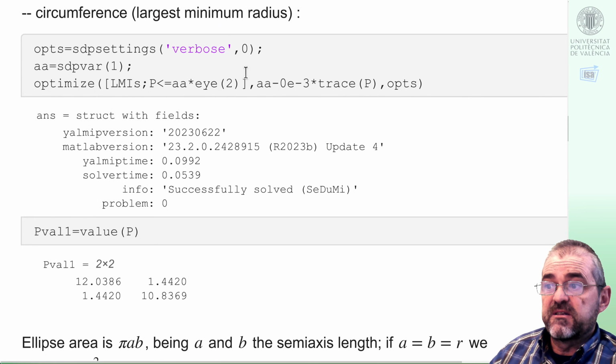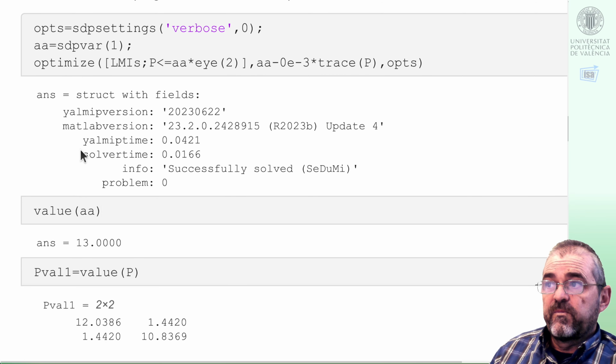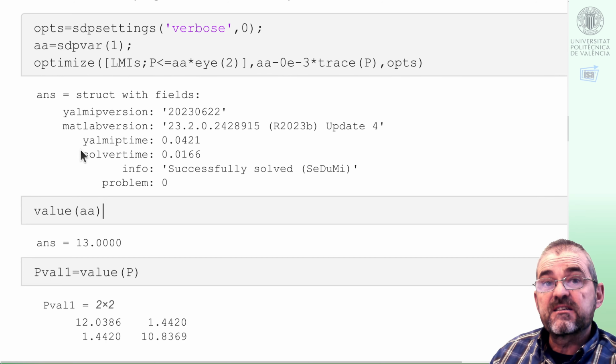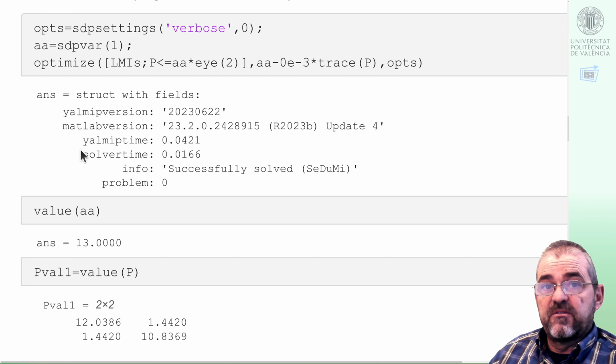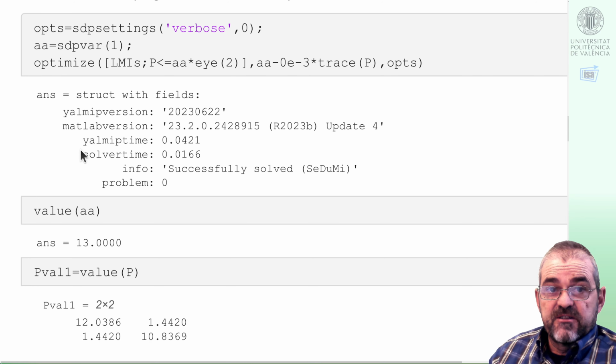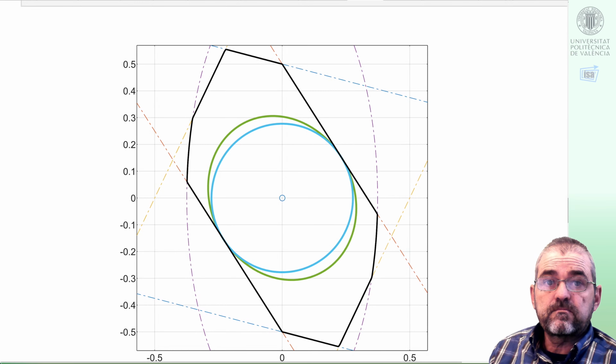So if I optimize it, well, I obtain something. The minimum AA is 13. If I inflate more, then the circumference exits the black shape, and it obtains a P defining an ellipse that is larger than that circumference.